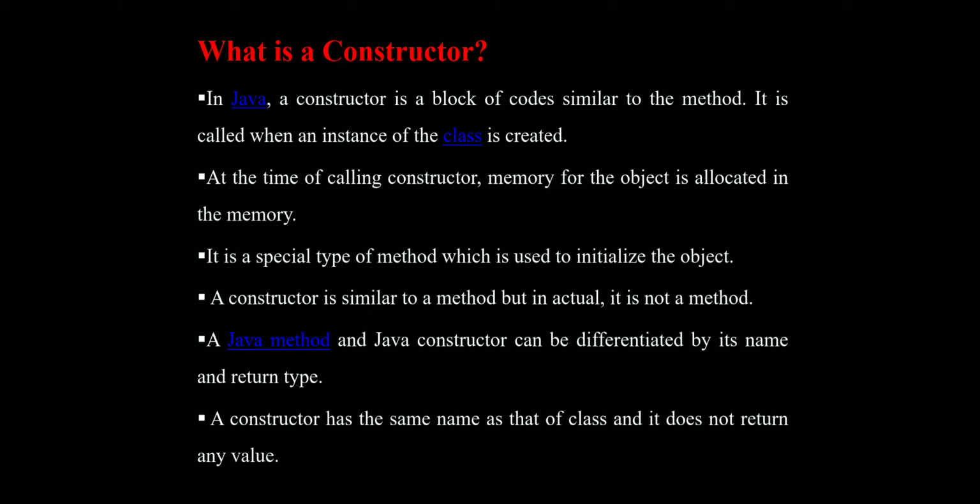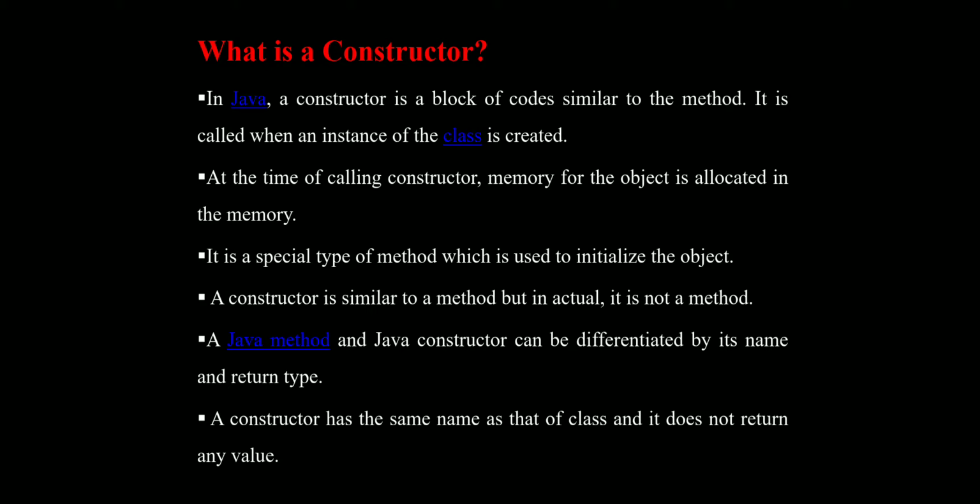And at the time of calling a constructor, memory for the object is allocated in the memory of the computer. A constructor is a special type of method which is used to initialize the object.